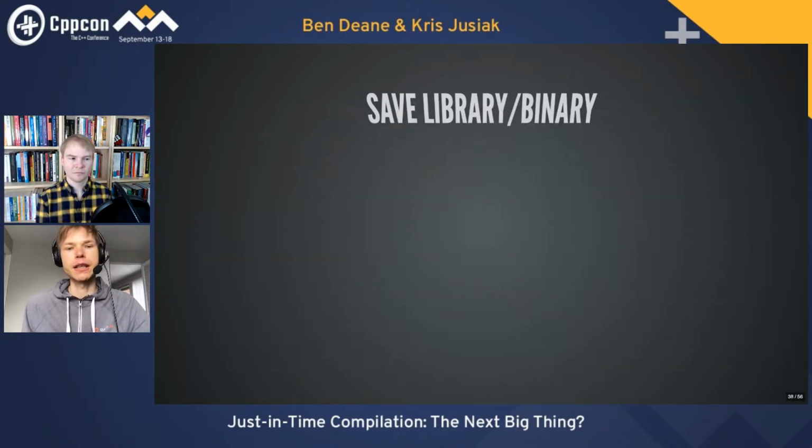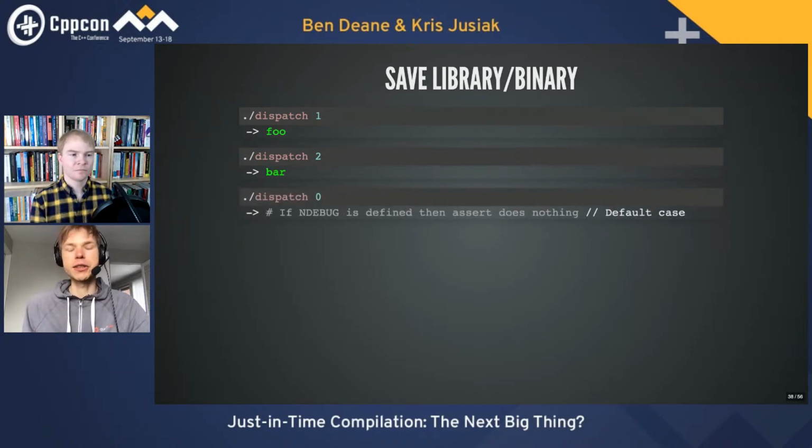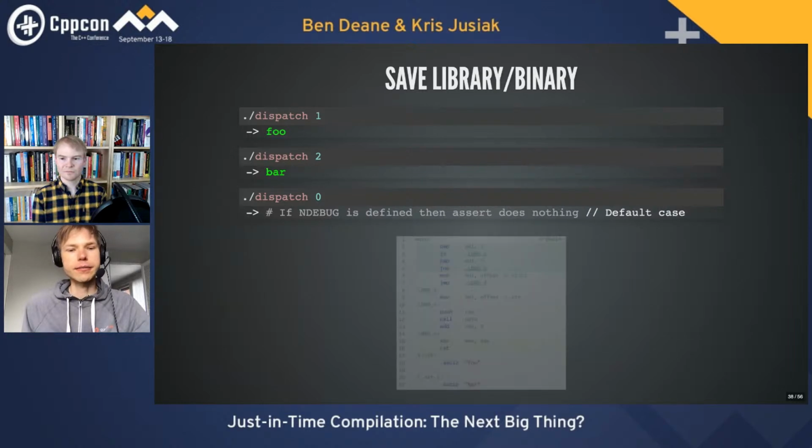So what will happen if you dispatch 1, we'll get foo. If you dispatch 2, we'll get bar. If you dispatch 0, nothing will happen, because that was an assertion, and the assertion was removed by the debug stuff.